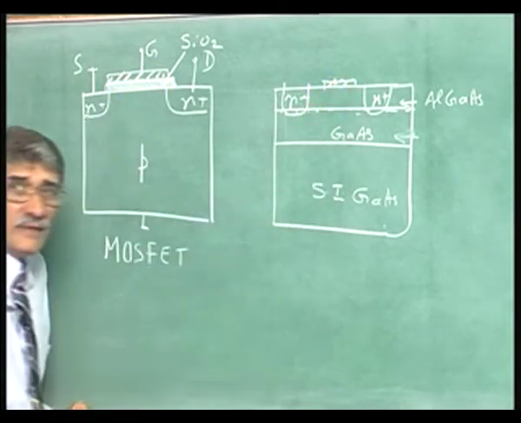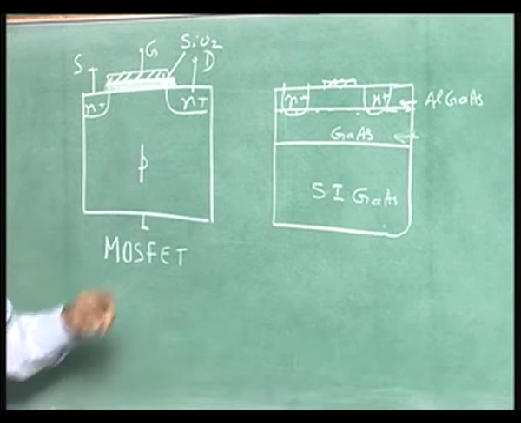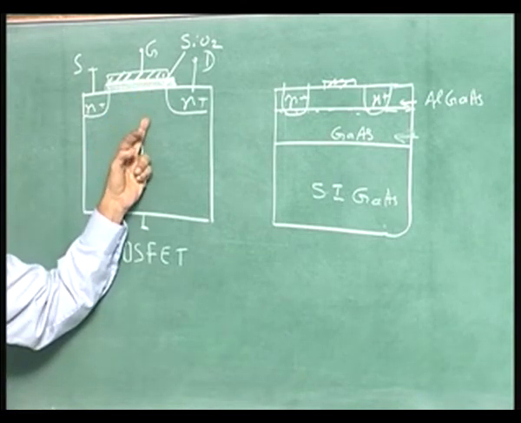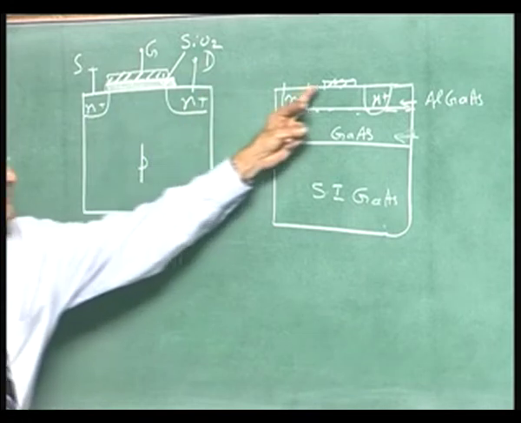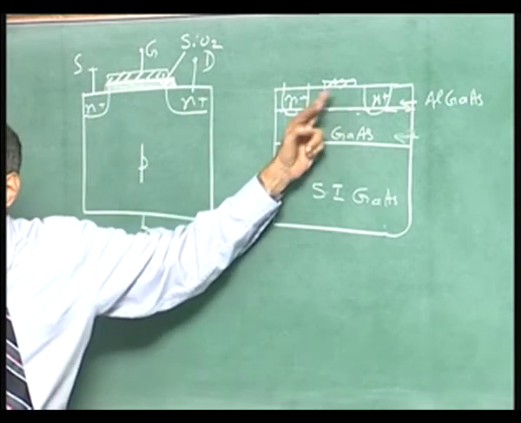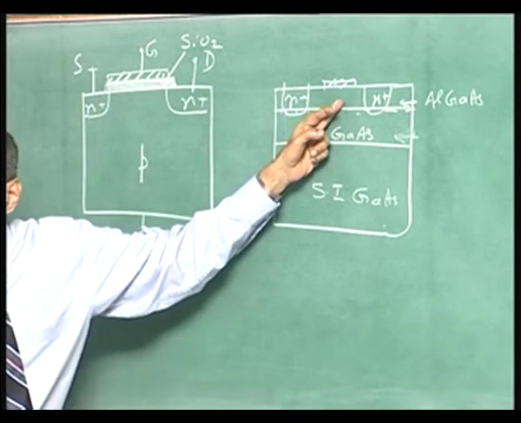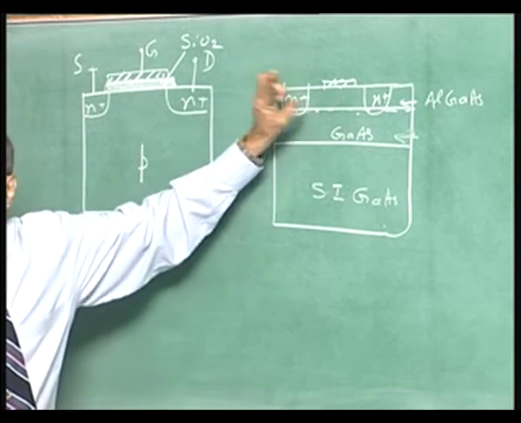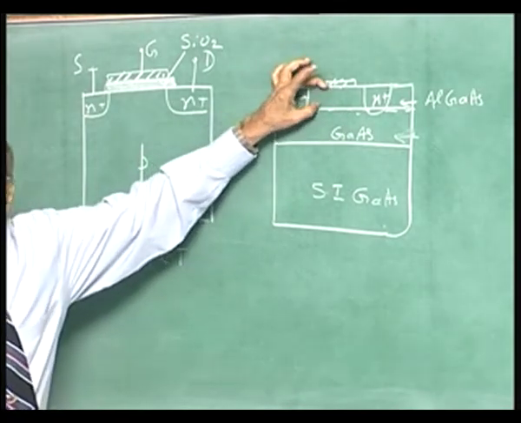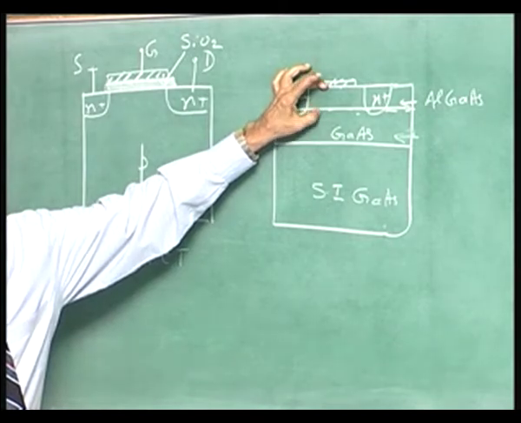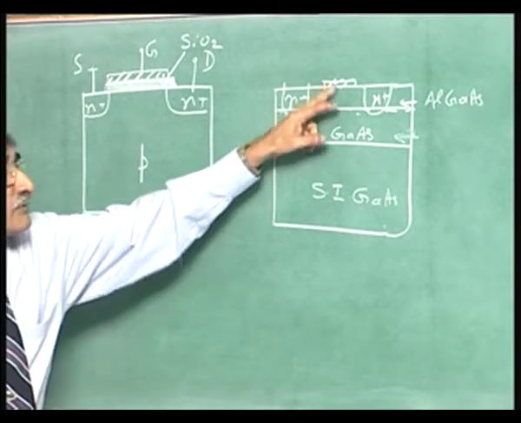The difference is, in MOSFET this is metal oxide semiconductor, this is a metal semiconductor contact, a Schottky barrier, but you ensure that the thickness, doping, etc. are such that the built-in potential itself will deplete the whole thing. So, you do not want this to conduct.